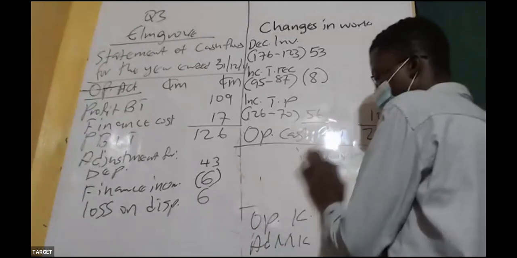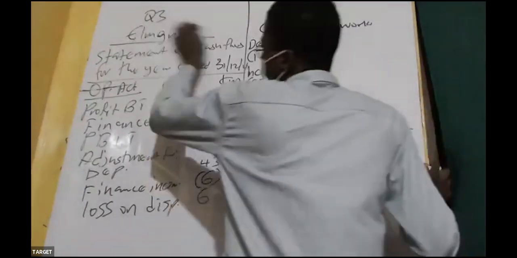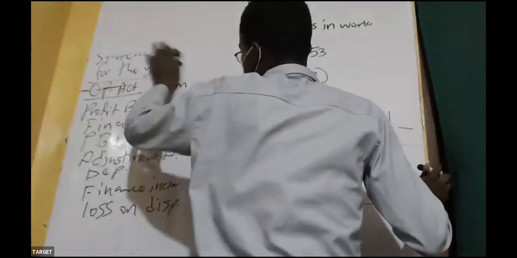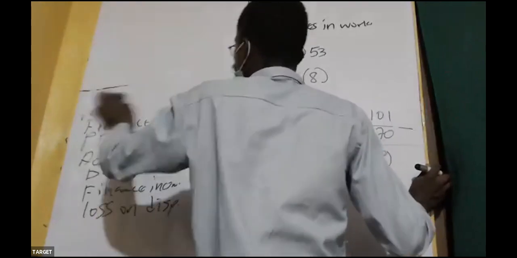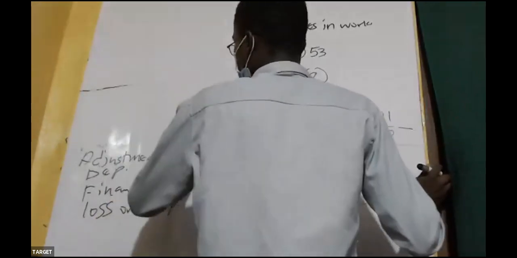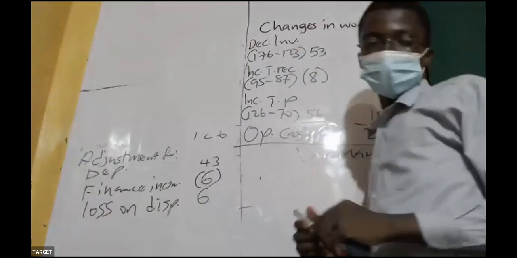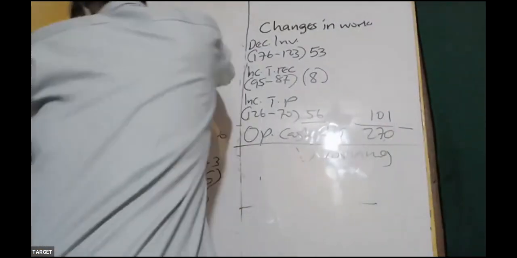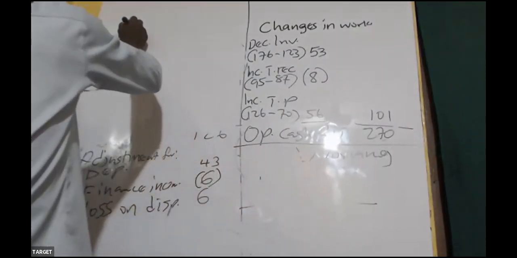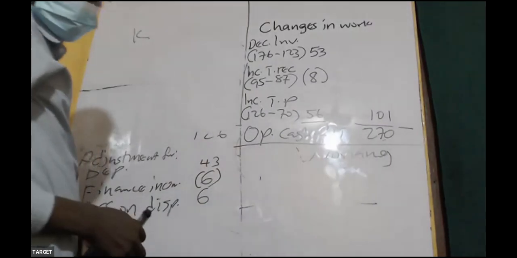In fact, honestly speaking, let me clear this side and do the workings here so that you can see it clear. So we're saying that anything paid, I started by saying K paid.